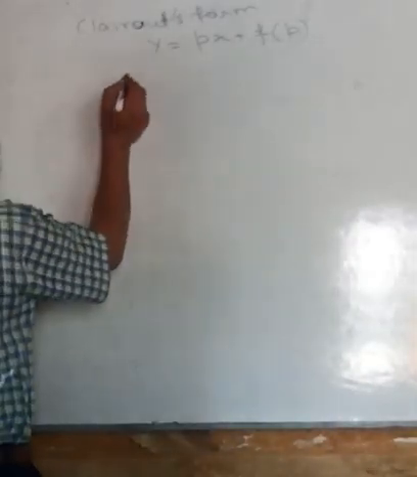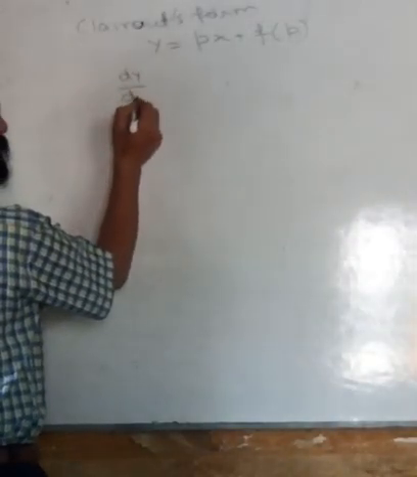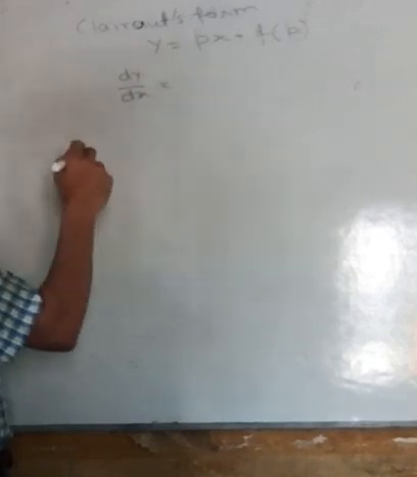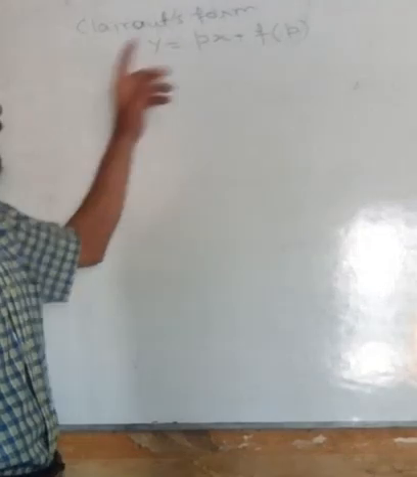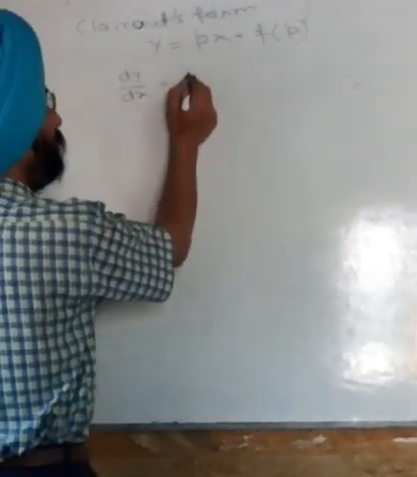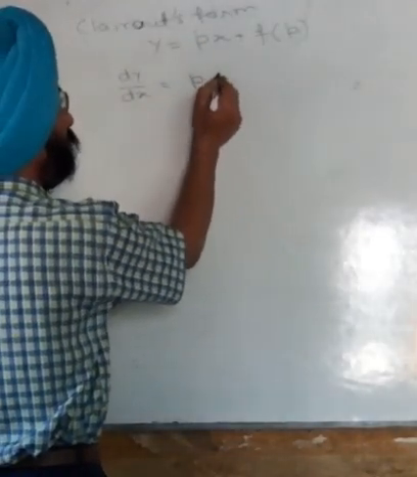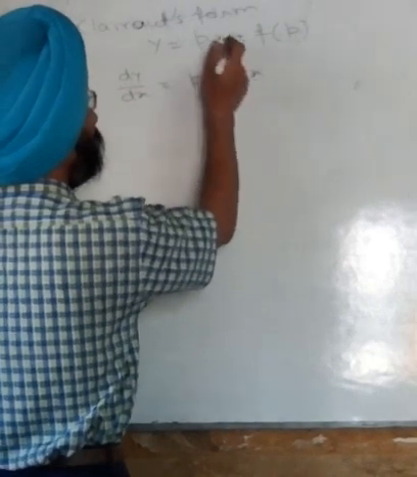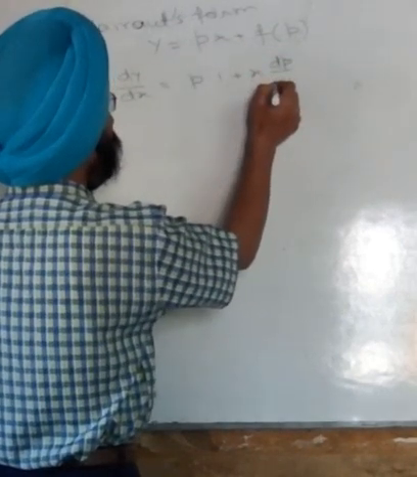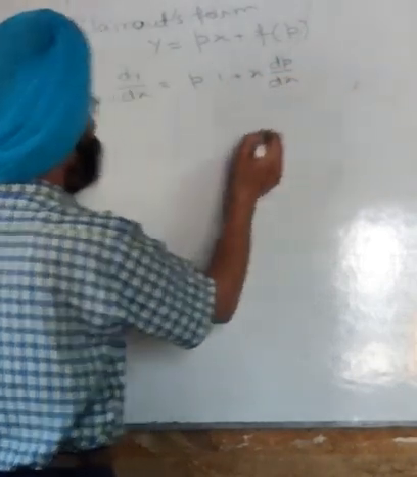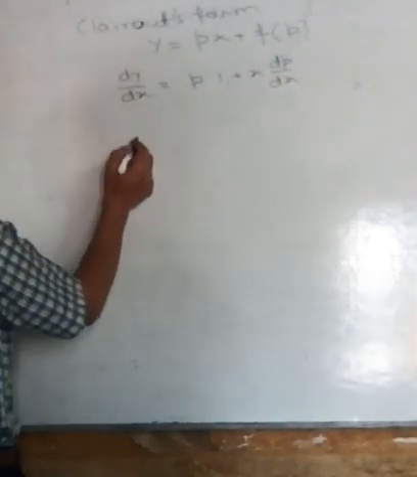So the derivative will be dy by dx on the left hand side. On the right hand side, we are taking this p as a constant, and the derivative with respect to x is p into 1 plus x into the derivative of p, which is dp by dx. What is this dy by dx? It is p.